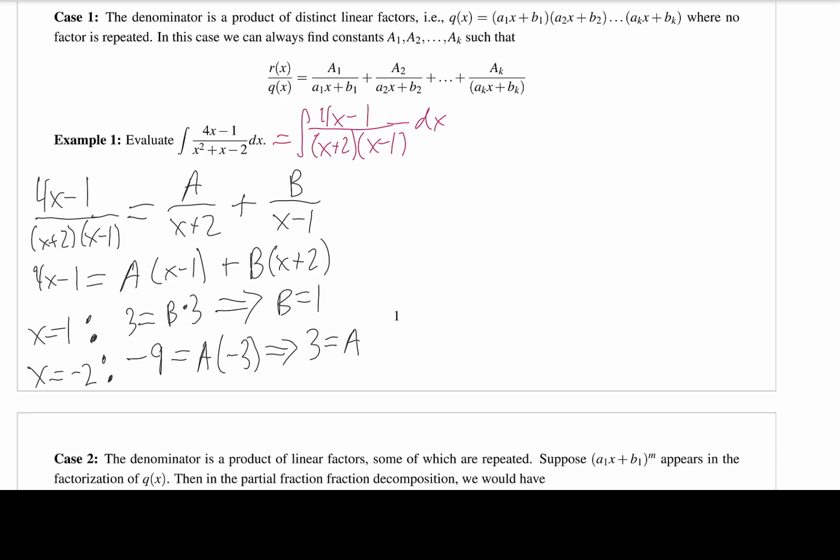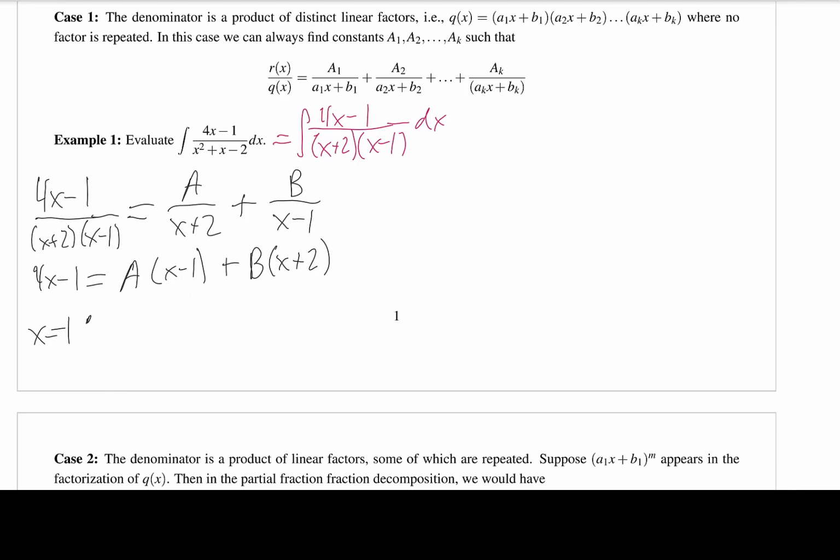Our other way of doing this, and this is the way I'm going to use throughout this entire set of lecture notes, though you're free to use the other way to knock out some of the constants sometimes, is the second method, because it's always going to work for you. So what I do is distribute everything on the right-hand side. We'd get Ax - A + Bx + 2B.